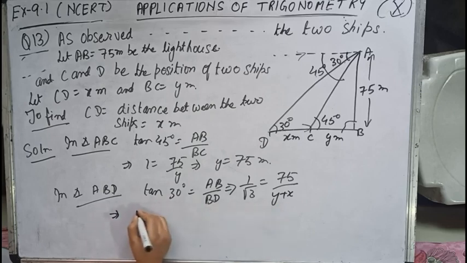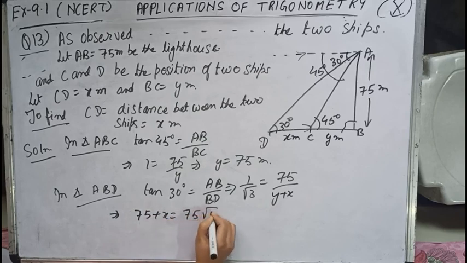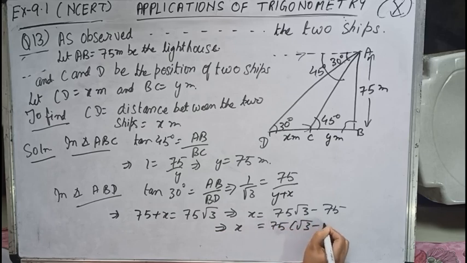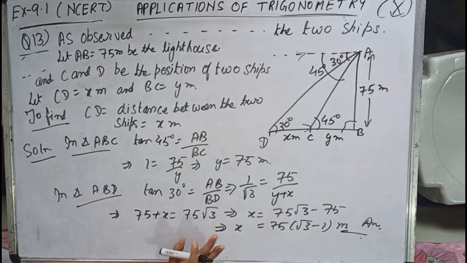In place of y I can write 75. So 75 plus x equals 75 root 3. This implies x equals 75 root 3 minus 75. So x equals 75 into root 3 minus 1 meter, and this must be the answer because the value of root 3 is not given in the question.